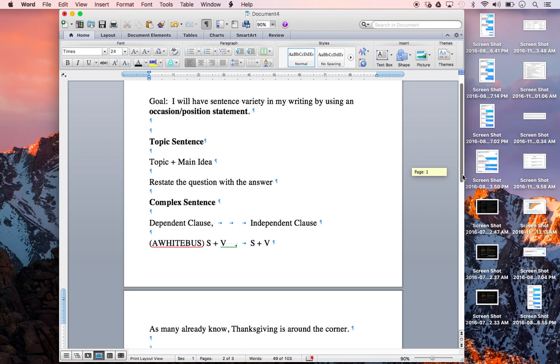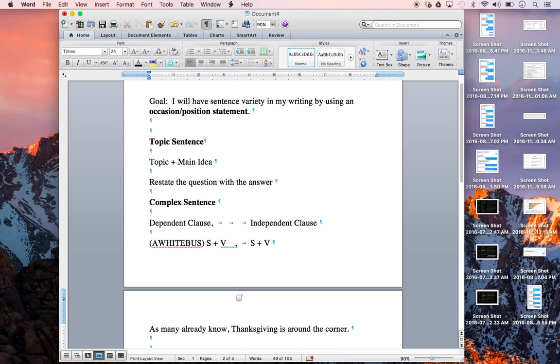I've written a complex sentence because it has a dependent clause. My white bus word is as. My subject is many, and my verb is know. Subject is who and what is the main part of the sentence, and the verb being know is what they are doing. So, as many already know, Thanksgiving is around the corner.